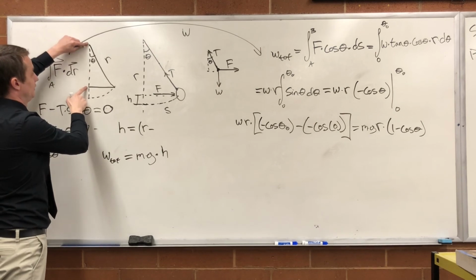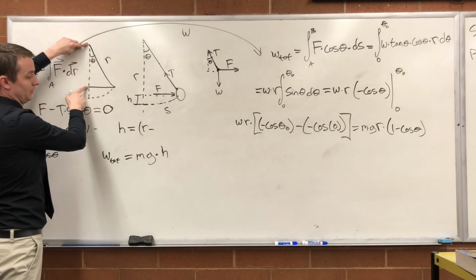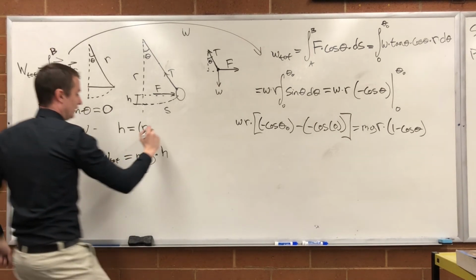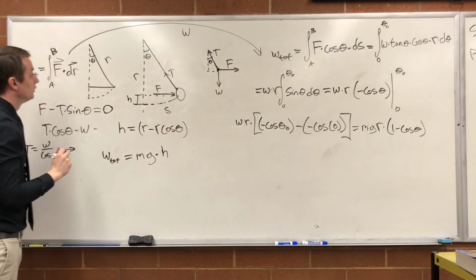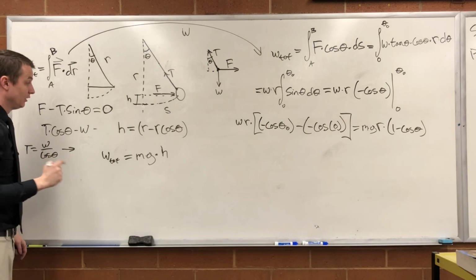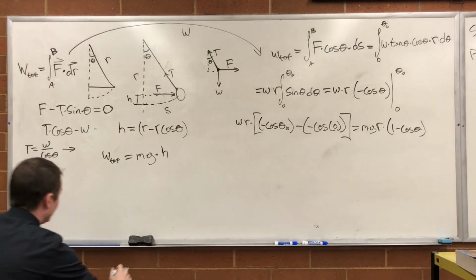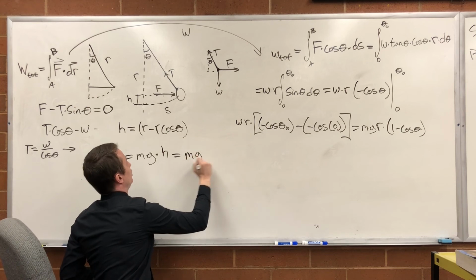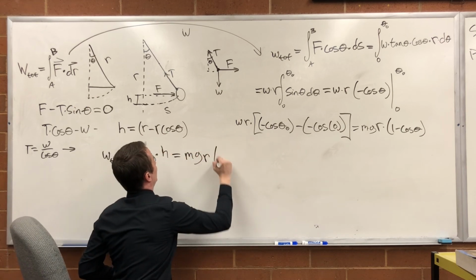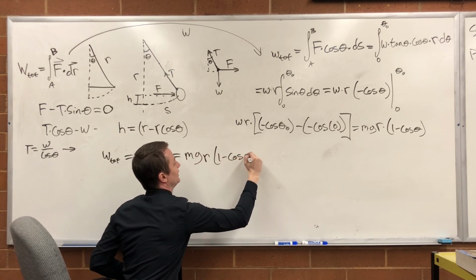What's this distance? It's r cosine of theta. Substitute that in for h. So this is equal to mg, factor out the r, times 1 minus cosine of theta.